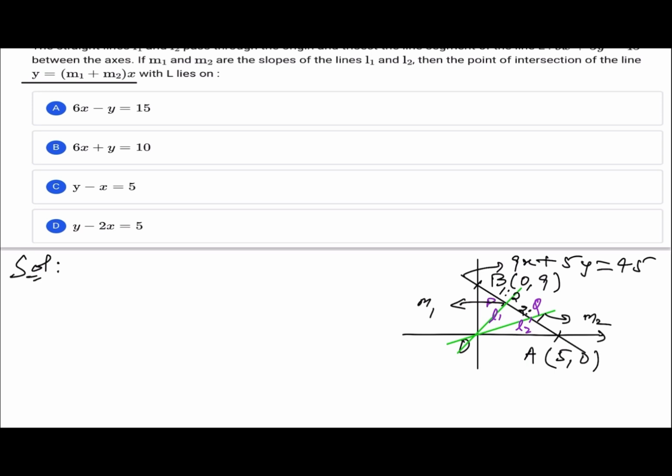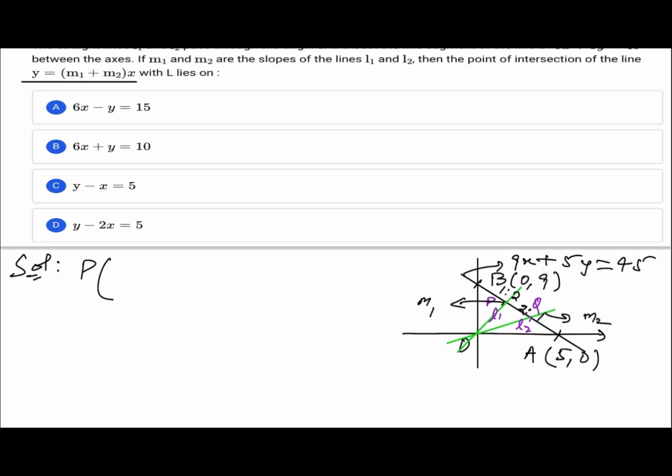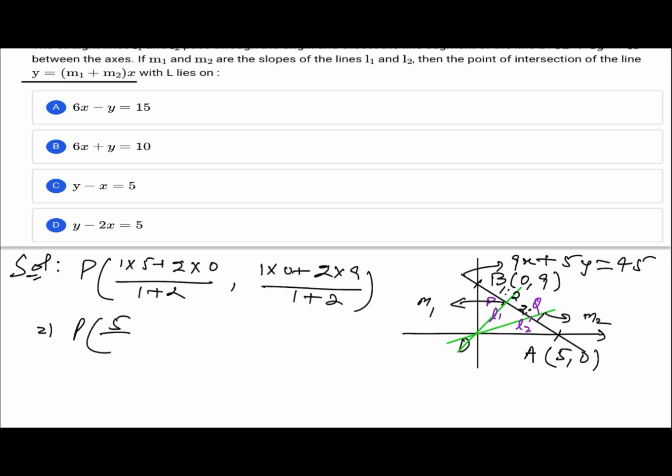So now P is (1 into 5 plus 2 into 0 upon 1 plus 2, comma 1 into 0 plus 2 into 9 upon 1 plus 2). So P is 5 by 3 comma 6.